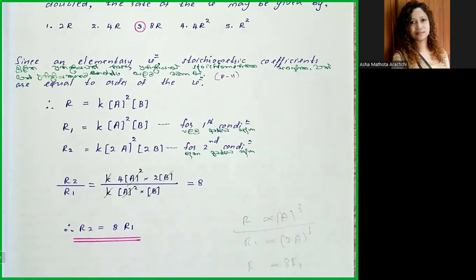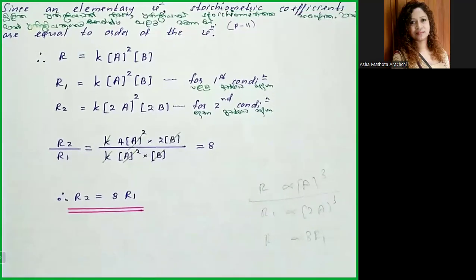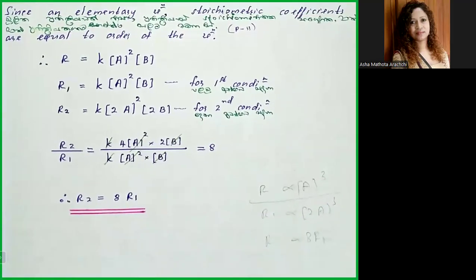Stoichiometric coefficients are equal to the order of the reaction. Okay, then copy this. So instead of stoichiometric coefficients, we are writing the order.